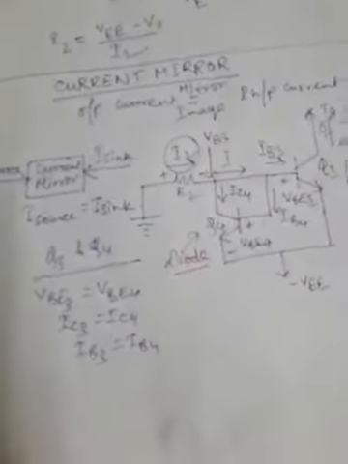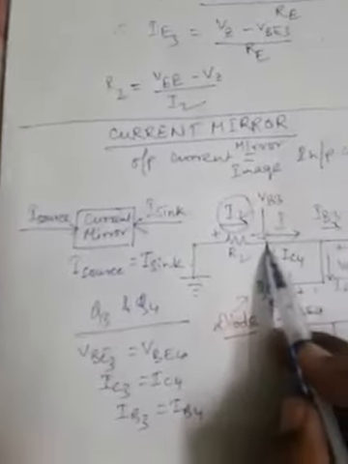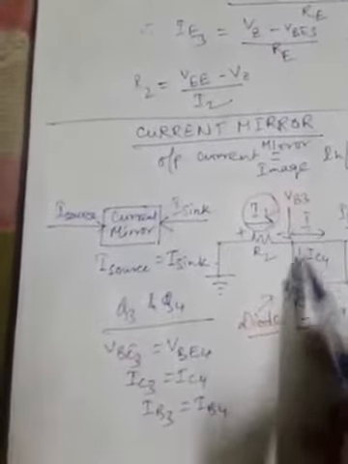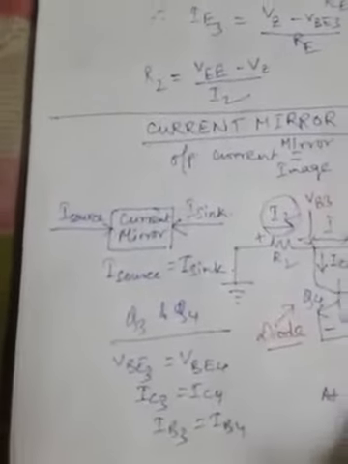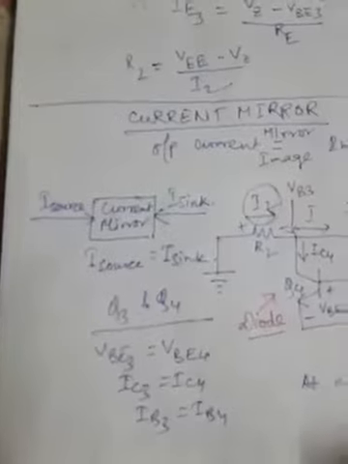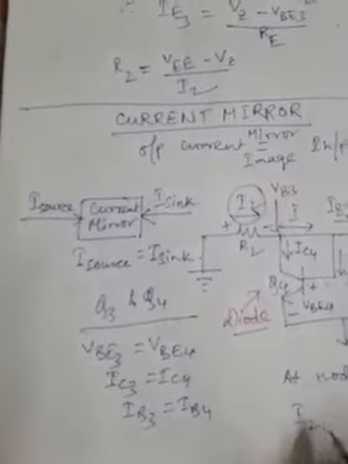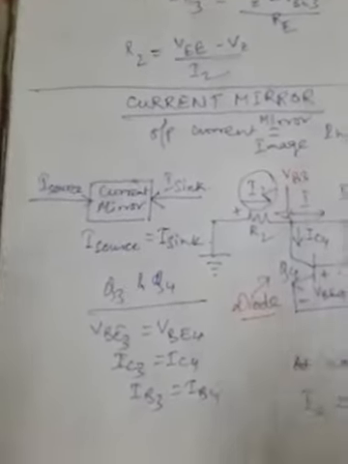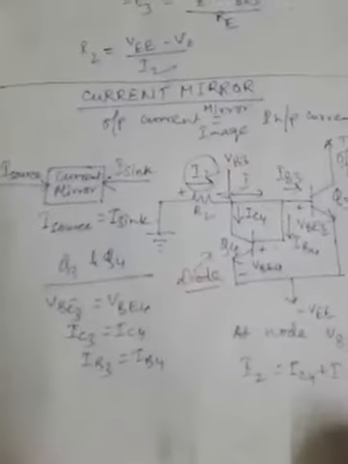They are well matched. Now summing the currents at node VB3, this is the node VB3. Here we see that I2 is equal to I plus IC4. So we can write at the node having voltage VB3, I2 is equal to IC4 plus I, as observed from the direction of these three currents.